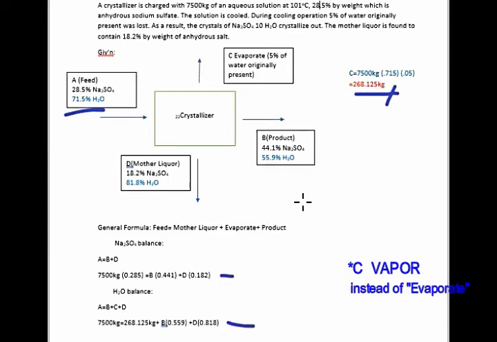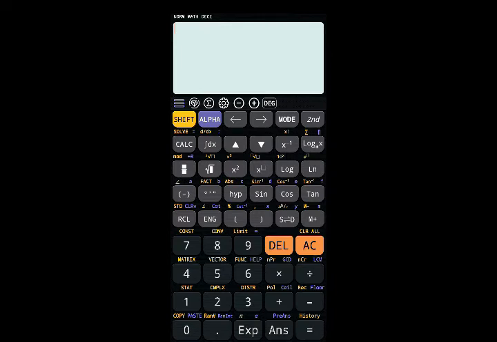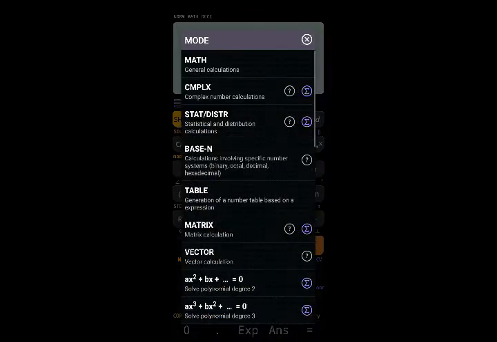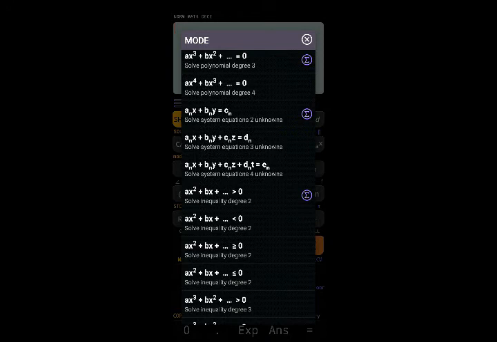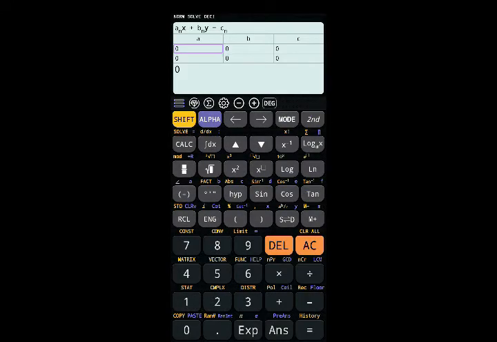For us to solve this, I'm going to show you how to solve it using your calculator. To solve two equations with two unknowns, we're going to click mode and choose one, because that is for two unknowns. Then we're going to input the equation.